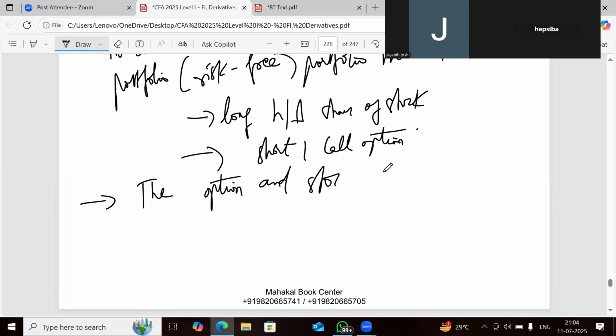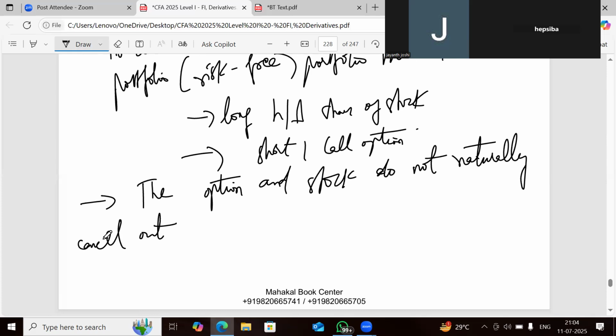Check it out. The option and stock do not naturally cancel out in value when the stock moves up or down.